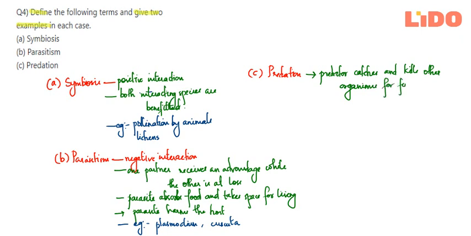Okay, so we can say that carnivorous plants are there, even a tiger or any carnivorous animals, they are predators. So predation is nature's way of transferring energy.